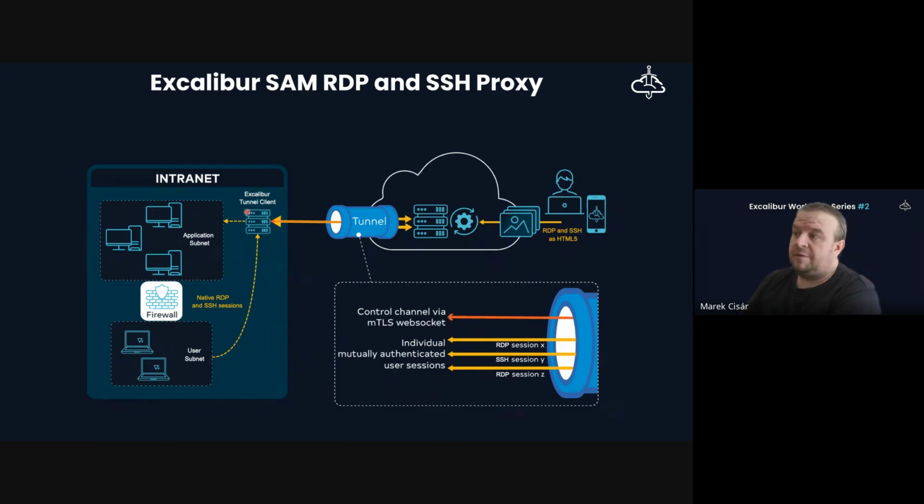Then the Excalibur tunneling client takes care of providing the same tunneling functionality as before to connect those incoming requests from users to the appropriate PAM targets.